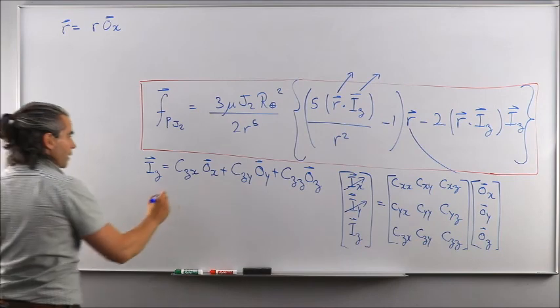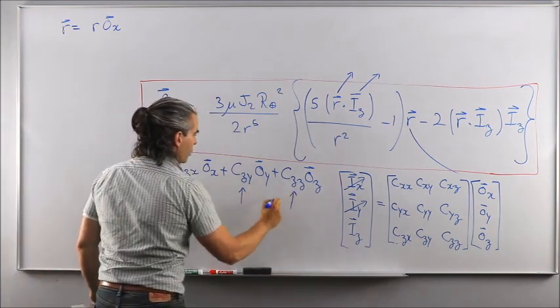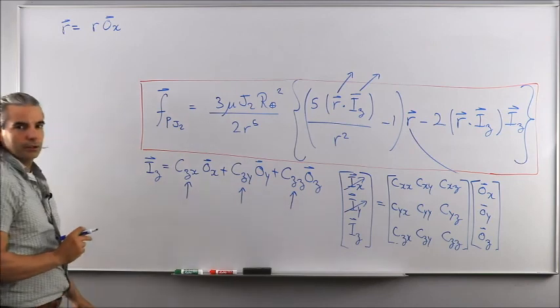Okay, so what are these scalar components of this vector equal to?